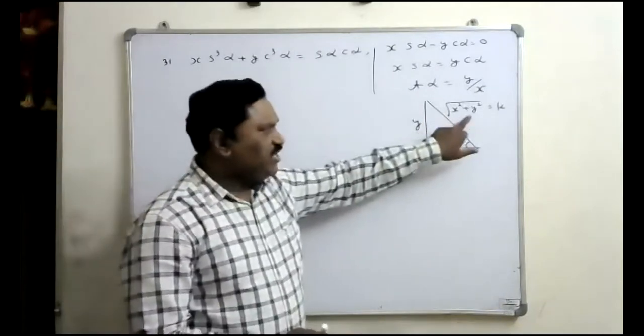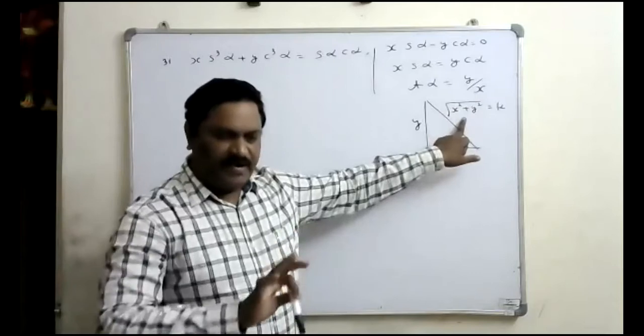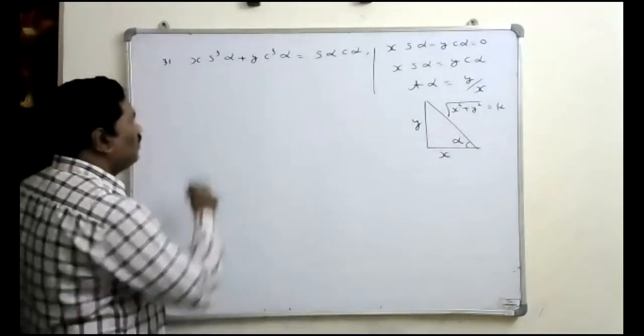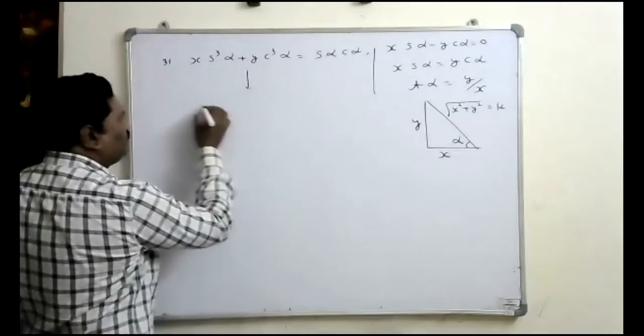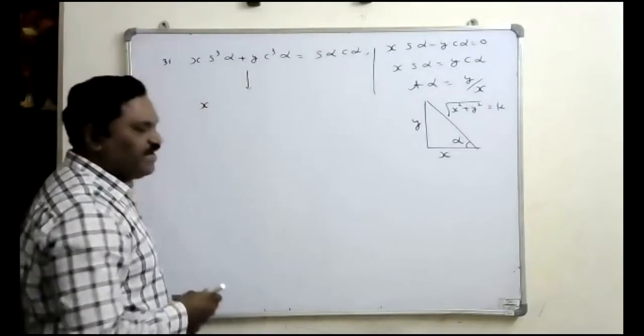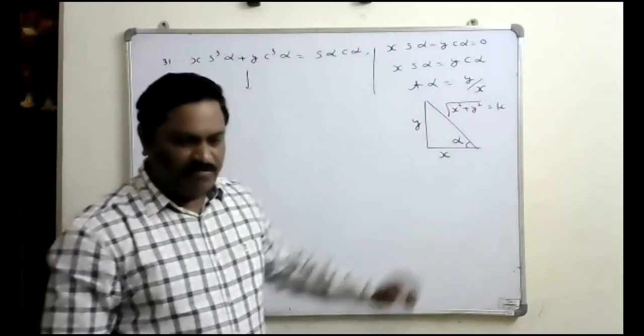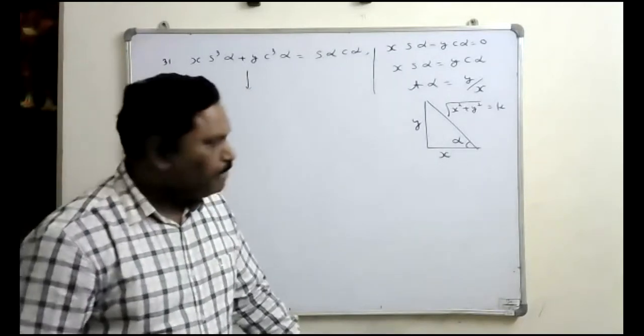Because every time it is somewhat difficult to write this entire term, take that is equal to say k. Now come to this equation. This is x into sine cube alpha. From this right angle triangle, tell me what is the sine alpha? Sine alpha can see?